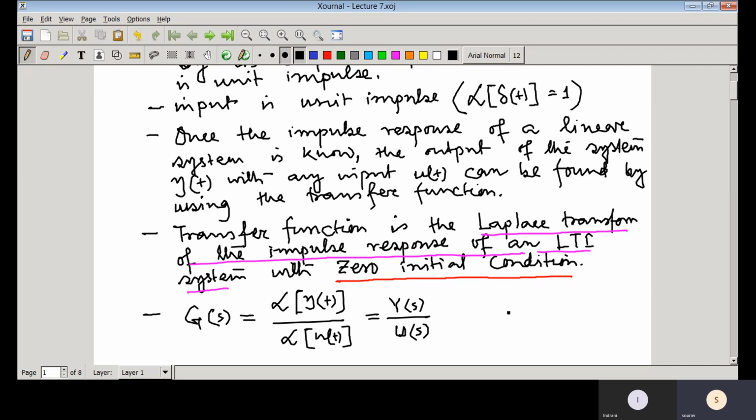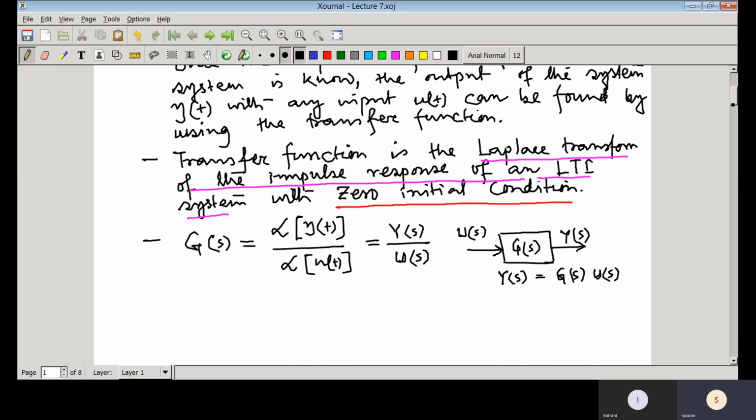Suppose you have a system here, the Laplace transform of input is U(s) and the output of that system is Y(s). So here you can see that Y(s) is equal to G(s) into U(s).